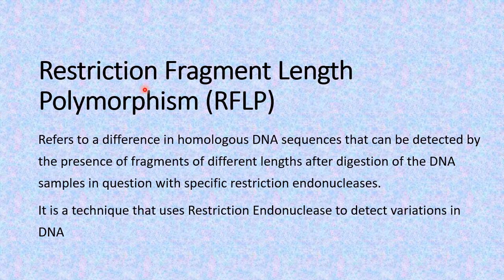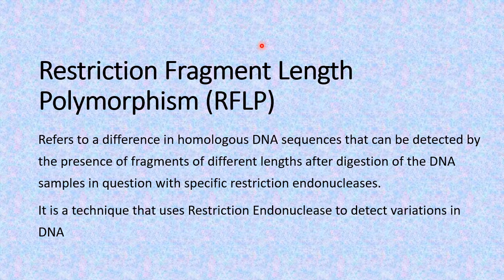That is, when treated with a restriction endonuclease, a given sequence of DNA may yield different length fragments. Some fragments may be smaller as compared to others, depending upon the position and number of the recognition sequence for that particular restriction endonuclease.